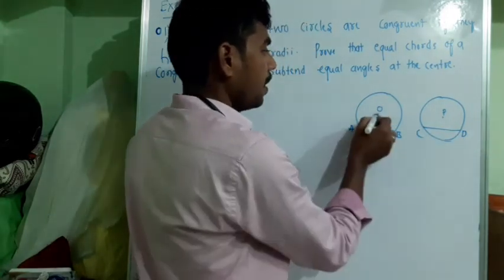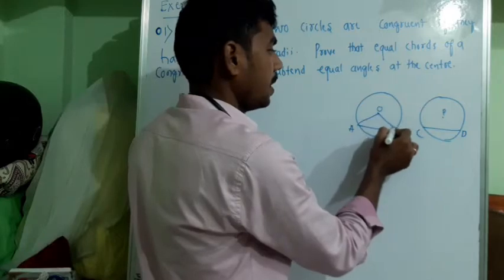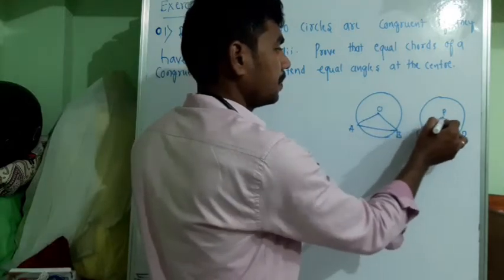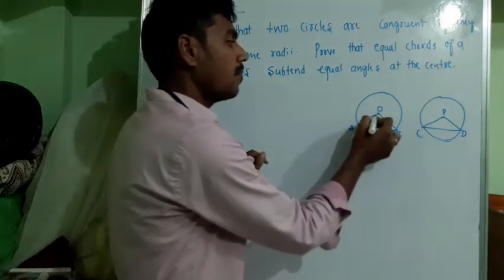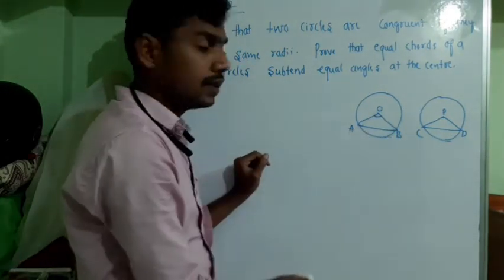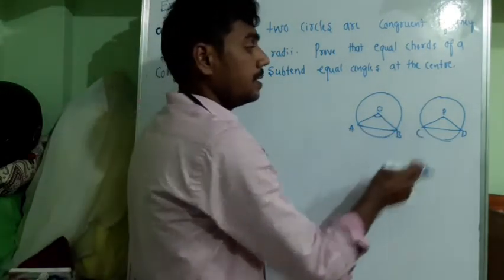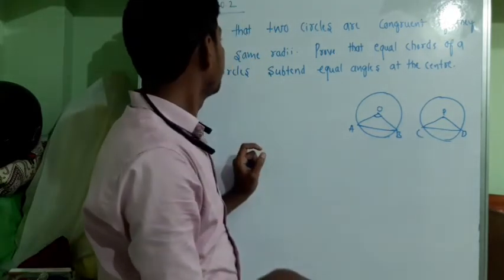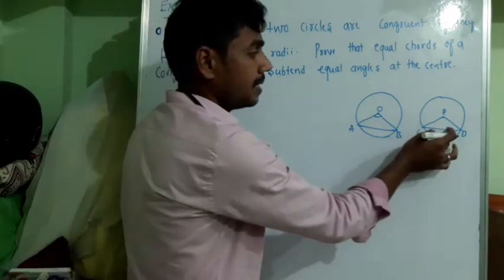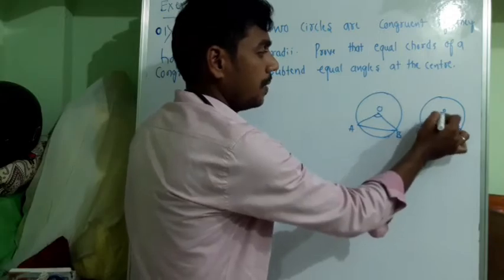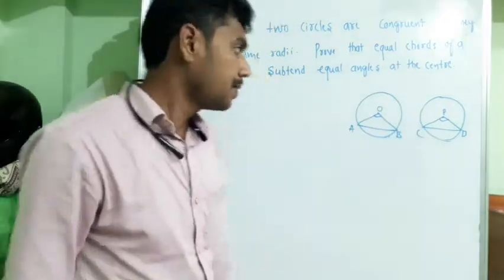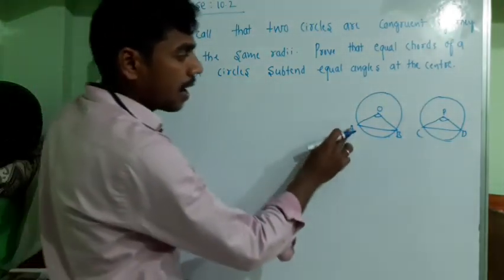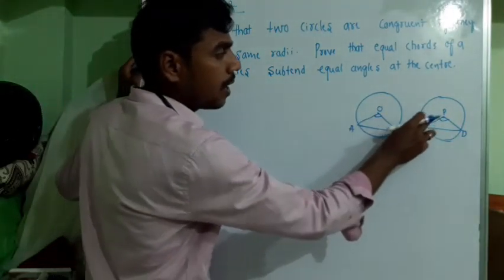If you join, AOB is the angle formed by the chord AB at the center, and CPD is the angle subtended by the chord CD at the center. So we need to prove angle AOB is equal to angle CPD.